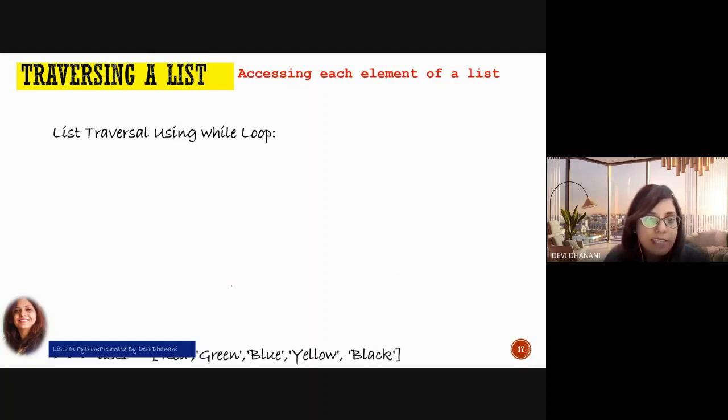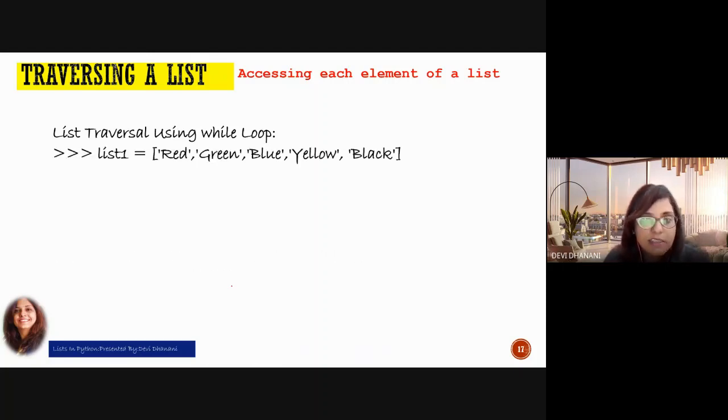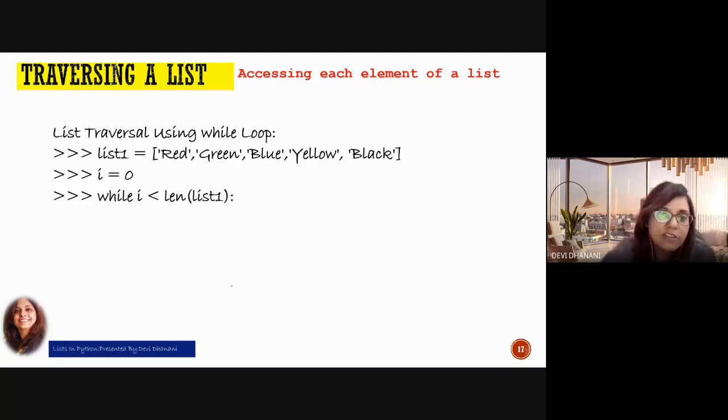In this case, let's assume the same list1, with red, green, blue, yellow, black as the elements over here. Here we will take up a counter value. There's a variable i, and we are going to assign it 0. Herein we use one of the inbuilt functions of the list to calculate the length of the list.